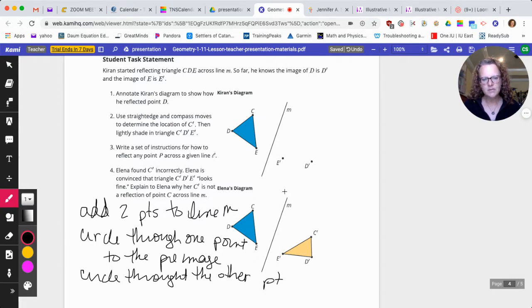Let's name those. We'll call them X and Y. Add 2 points, X and Y. There we go. Circle through 1 point, through X point to the image, circle through the other point to the pre-image.